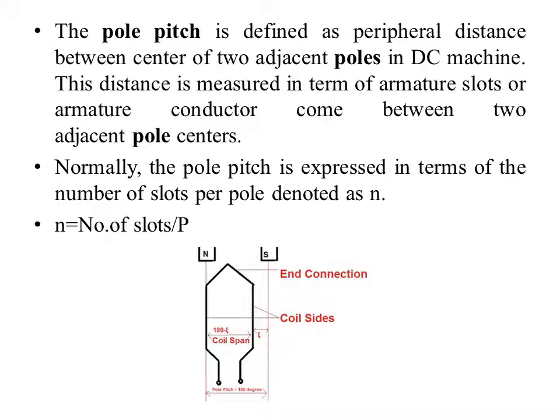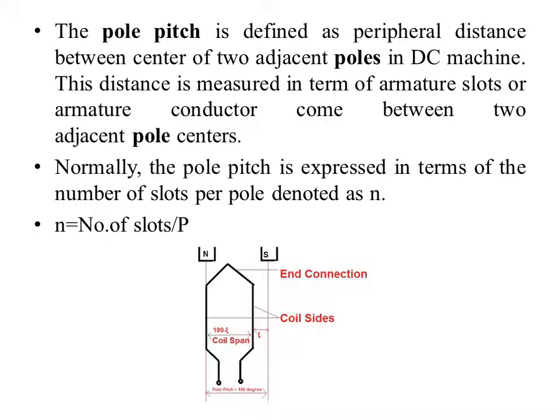To explain the pitch factor and distribution factor, let us first discuss what is pole pitch. The pole pitch is defined as the peripheral distance between the centers of two adjacent poles. This distance is measured in terms of armature slots or armature conductors between two adjacent pole centers.